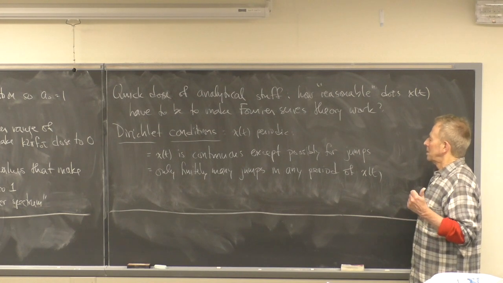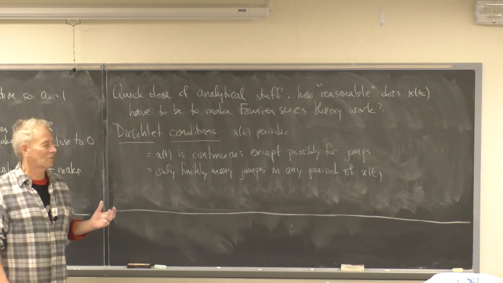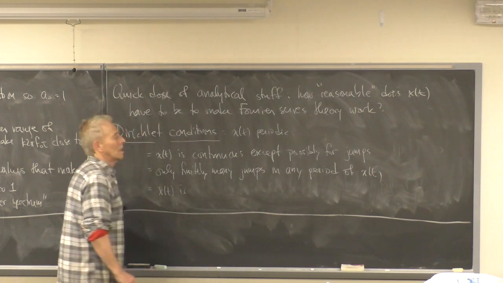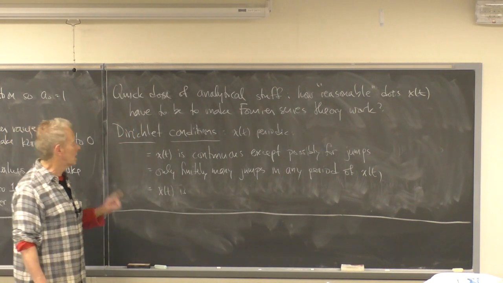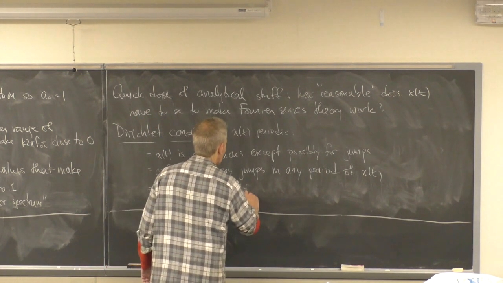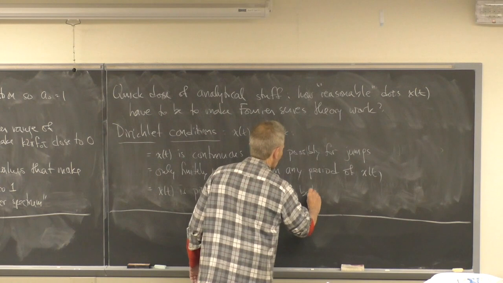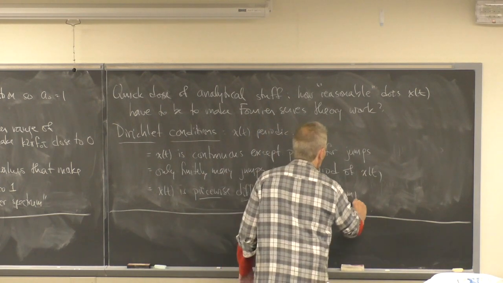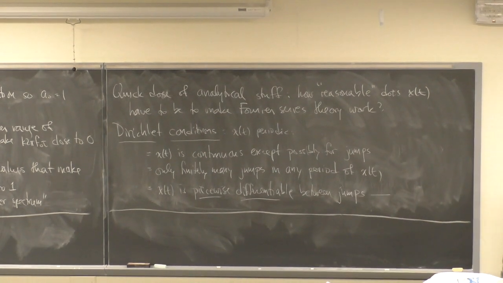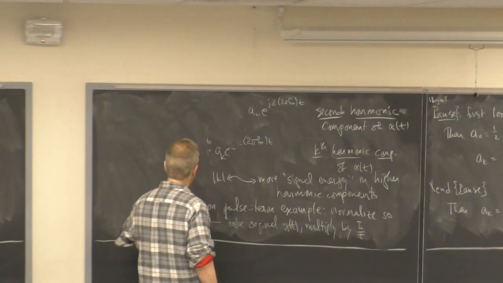And the third condition is that in between jumps, x of t has to be reasonable in the following sense. It doesn't have to be differentiable. It has to be piecewise differentiable. And I'll explain what that means. Essentially, what this means is corners are allowed, like in the triangle wave, but cusps are not allowed.